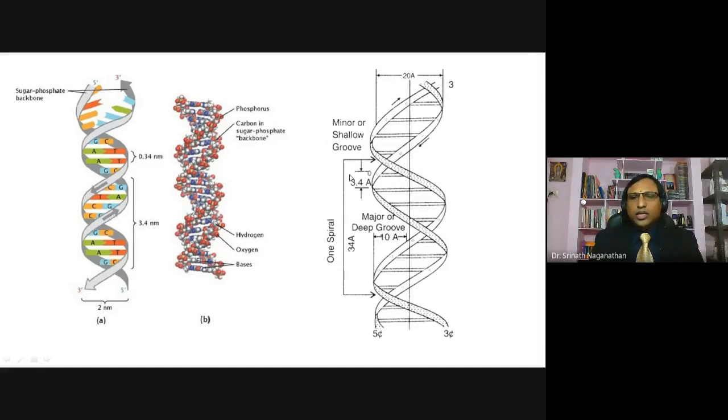There are 3.4 Angstroms between two bases, and nearly 10 bases are there, so that is almost 34 Angstroms. In a whole turn, we approximately say 10 bases, but it is 10.5 bases.